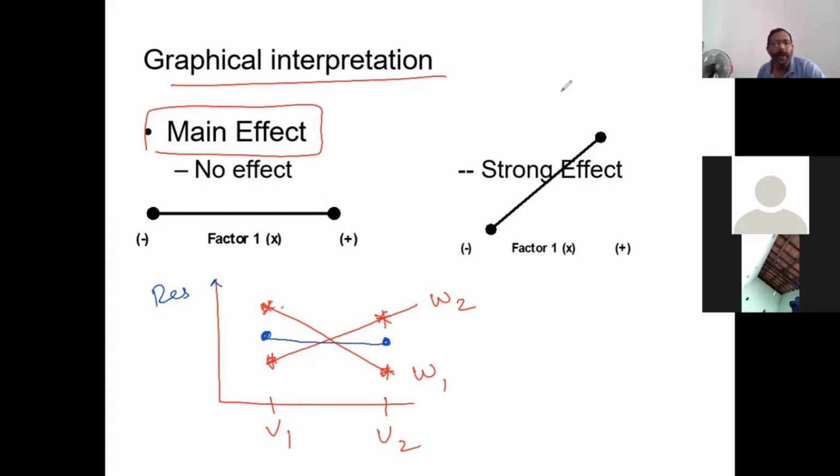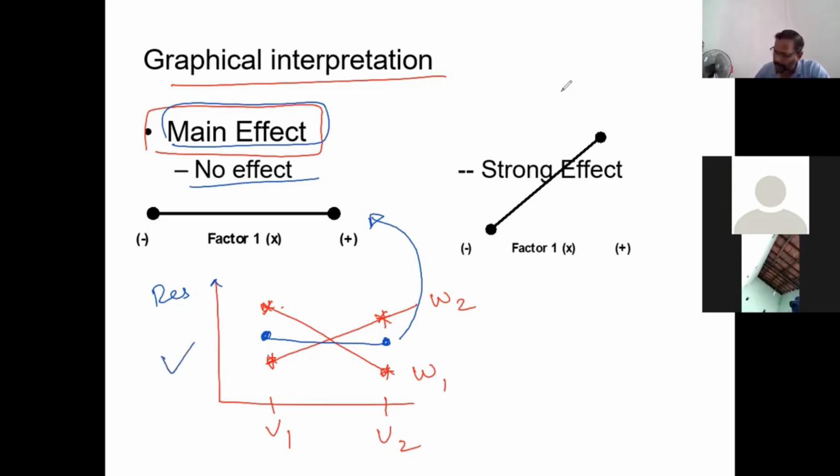If that line is parallel to the x-axis, basically, then we can conclude that there is no main effect. We are talking about main effect, not interaction.